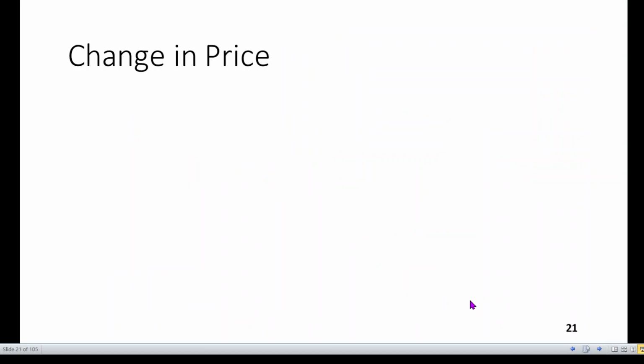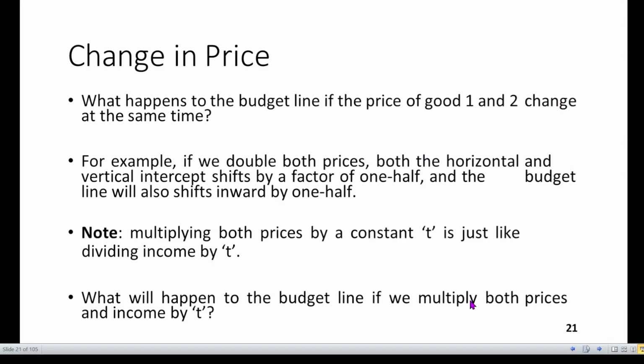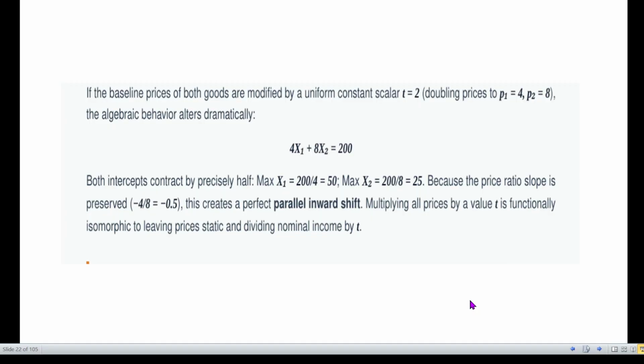Simultaneous structure variations and scale factors. If the baseline prices of both goods are modified by a uniform constant scale t, which is equal to 2, doubling prices to P1 equals 4 and P2 equals 8, the algebraic behavior alters dramatically: 4 times x1 plus 8 times x2 equals 100.